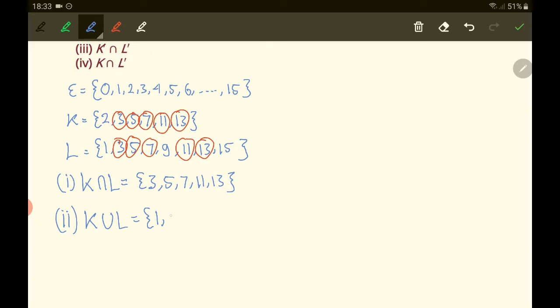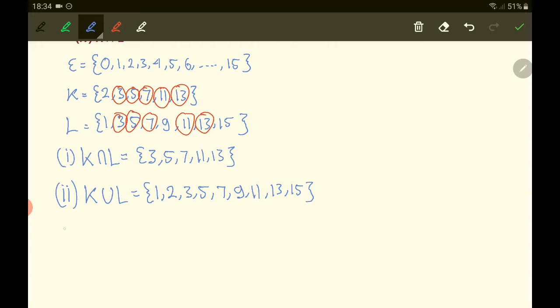And then K has 2, so we write 2, and then we write 3. There is no 4 in either of them, so we skip 4. And then 5, 6 there is no, and then 7. After 7 we get 9, 11, and then 13, and then 15. Done. So this is the union.